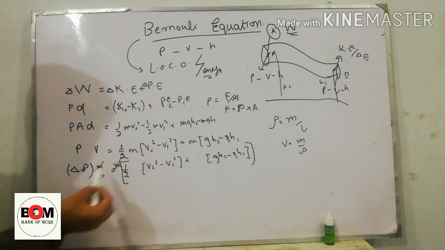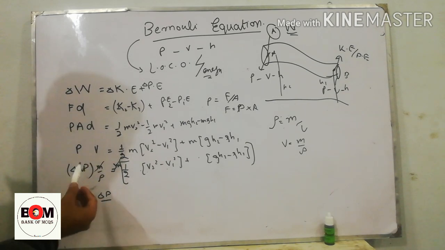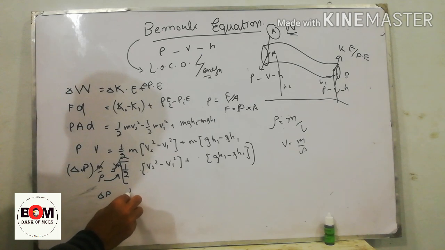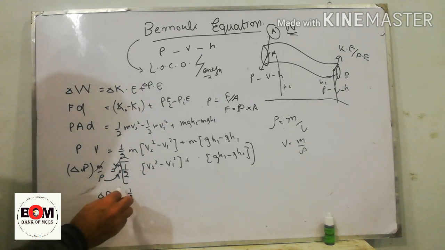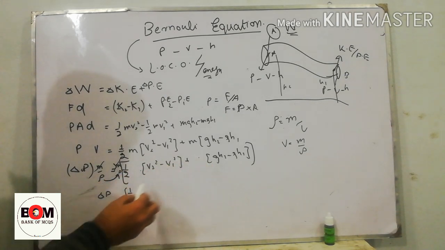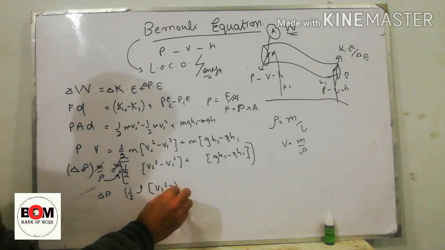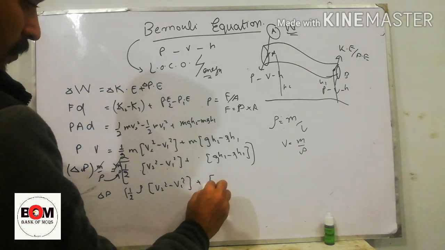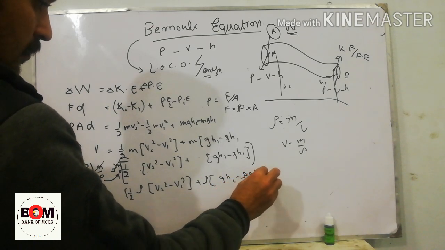So cancelling m with m, we get delta P divided by rho. Multiplying rho to this side, we get delta P is equal to half rho (v2 square minus v1 square) plus rho g h2 minus rho g h1.